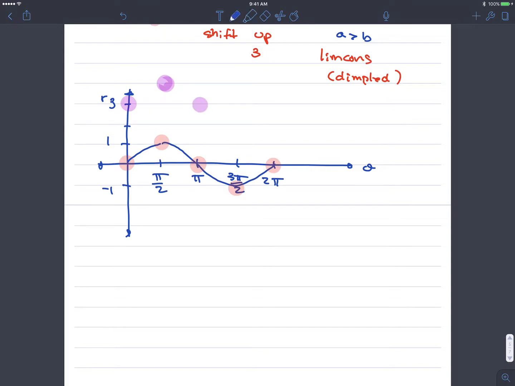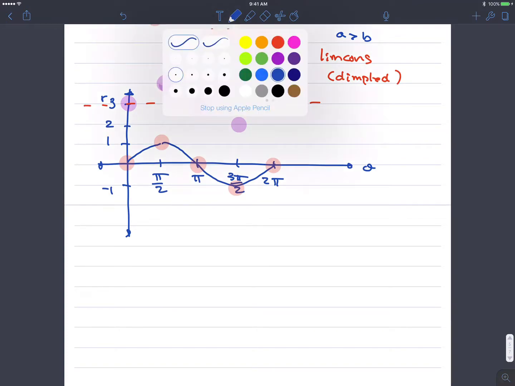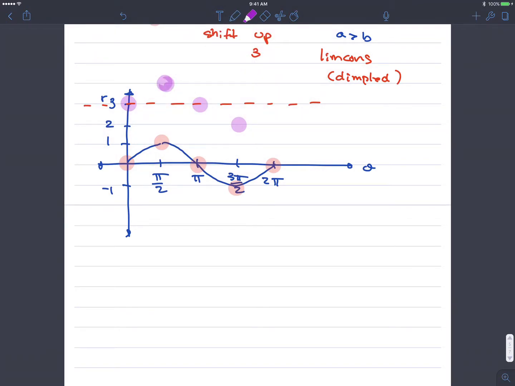It's like a new theta axis in some ways, right? Then we shift again up 3, so I should be here at 2. And this last point gets shifted up 3 units as well, which puts me back at the line 3. So you should have this curve: going up to 4, back down to 3, to 2, and back up to 3.